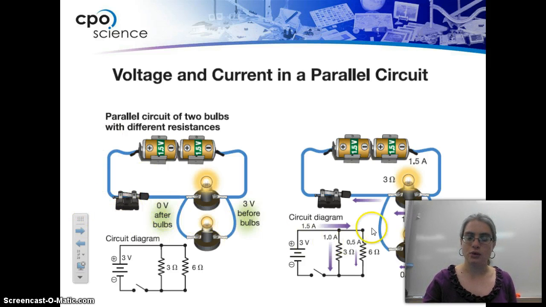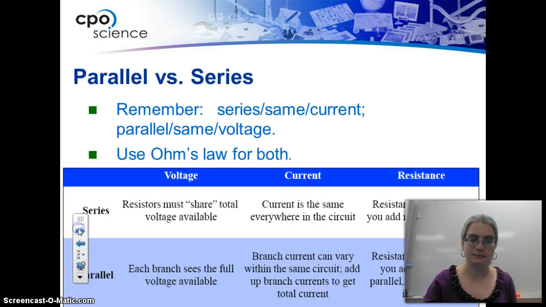So what's happening here is you have 1 amp of current going through this one and 0.5 amps of current going through this one. And so you still can get a difference in the light bulb brightness, but the resistance is different, and the resistance is what's causing that difference.